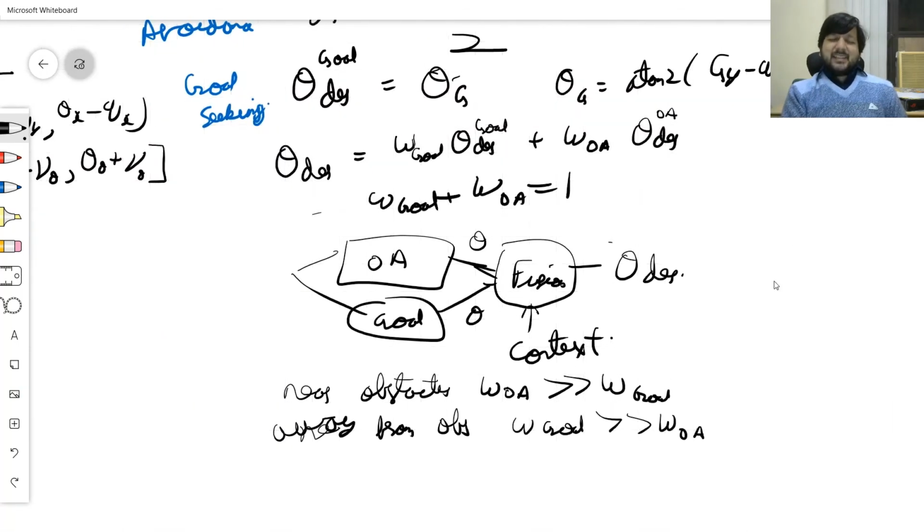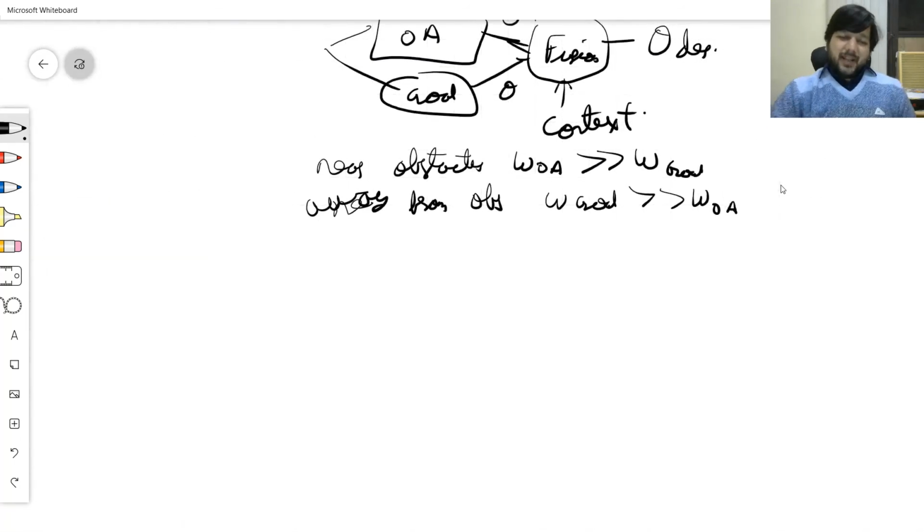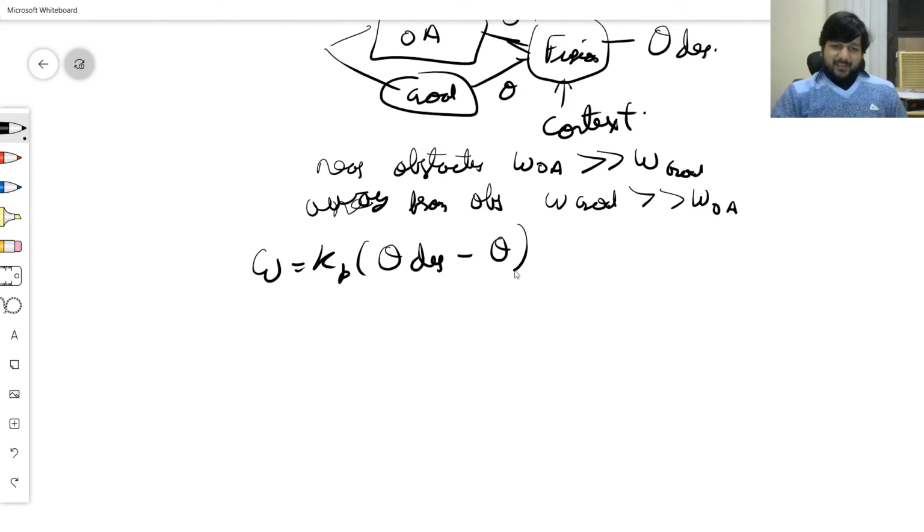Theta desired is exactly where I want to go, so I'll control my angular speed as my current angle deviation. So I want to get to this orientation. This is my current orientation. This is my error. So P controller, this is the error that I need to minimize. So my angular speed will be the constant times this error, so that this error gets minimized.